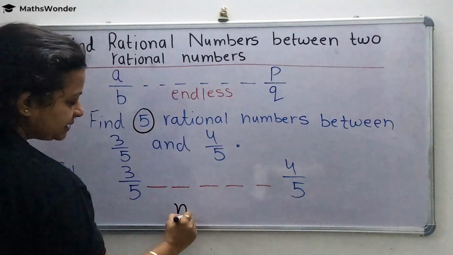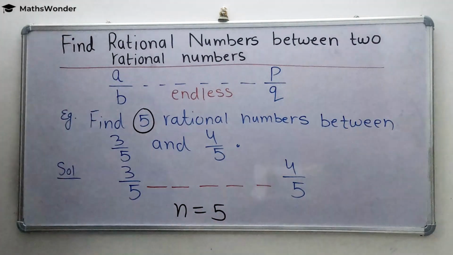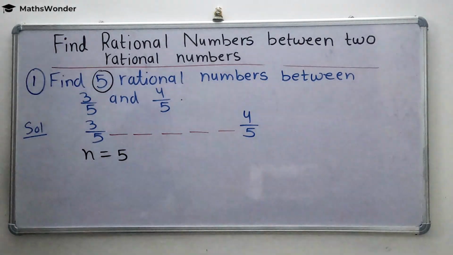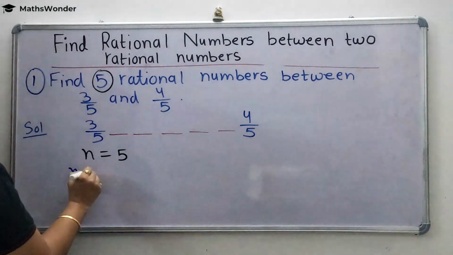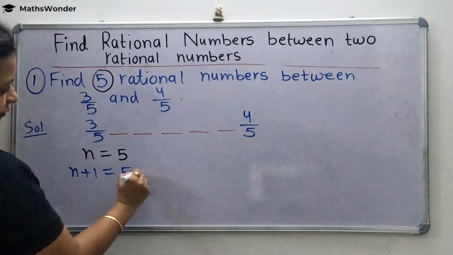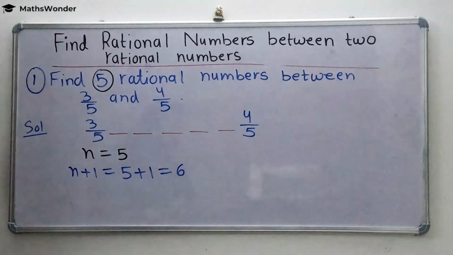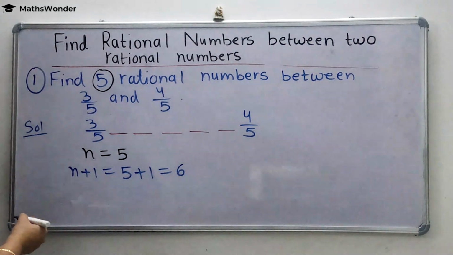So here you will consider n is 5, because we need to find 5 rational numbers. Now, how will you do it? Multiply and divide both numbers by n plus 1. N is 5, so n plus 1 is 5 plus 1, which is 6.